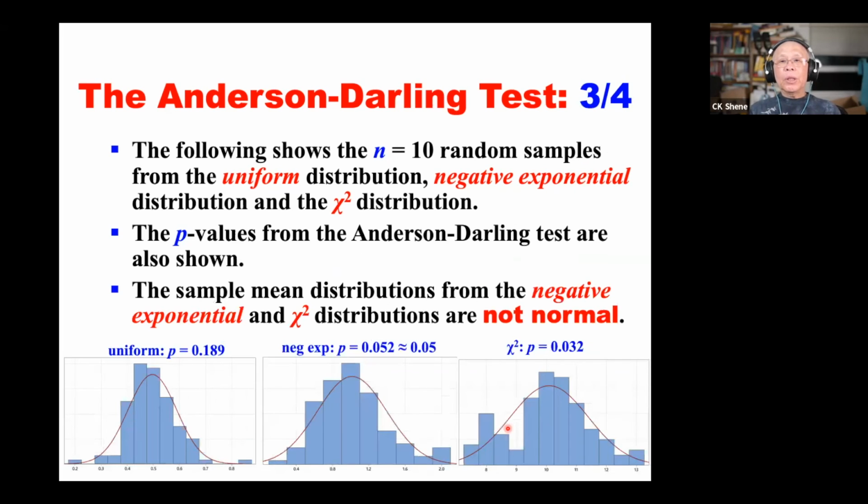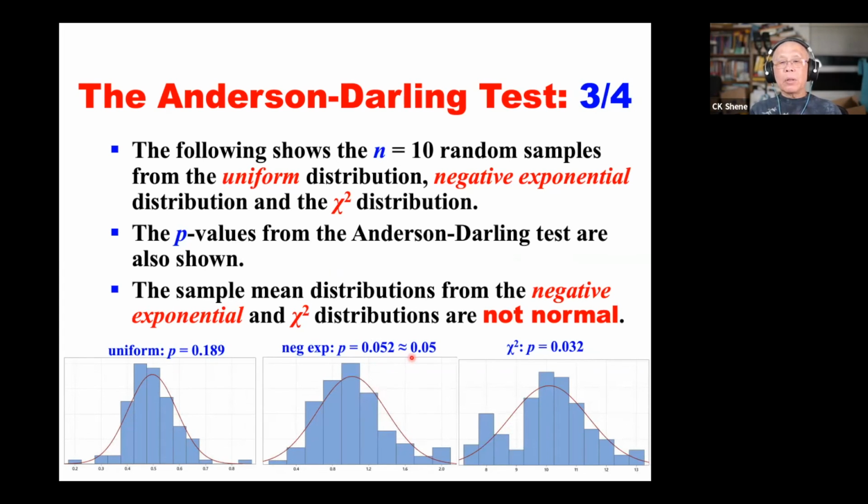Now, return to the smaller sample size n, we have this. The uniform distribution has a p-value of 0.18. Well, not less than 0.05. Therefore, we cannot say it's not normal. But for the negative exponential, this is kind of borderline. The returned p-value is 0.052, very close to 0.05.